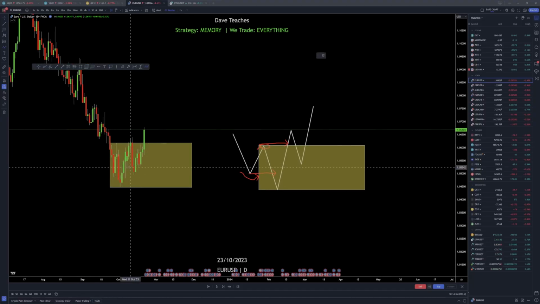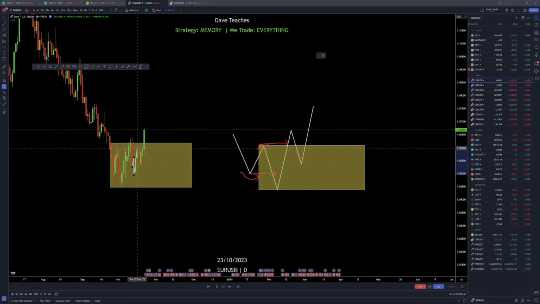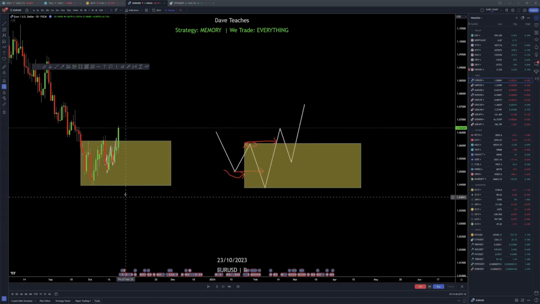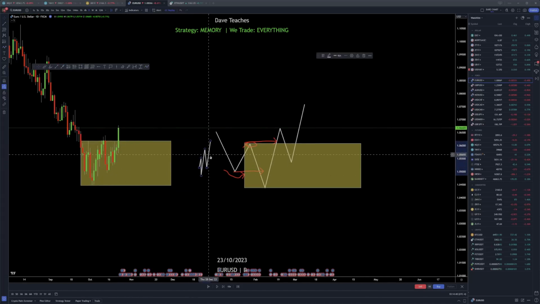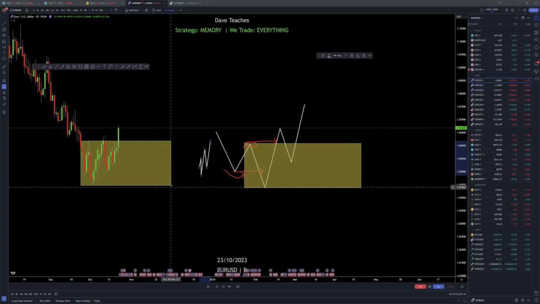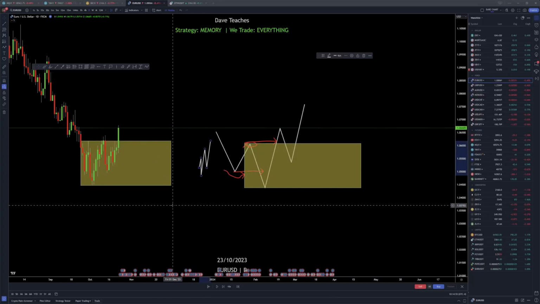Since this is the daily, you see a lower time frame flip that happens inside of that daily zone. So more than likely, this is a 4-hour flip or maybe a 15-minute flip. You're going to see it on structure on the 4-hour or structure on the 15-minute, but it's still facilitating the higher time frame flip that occurred.